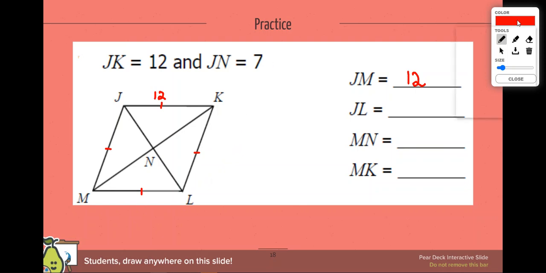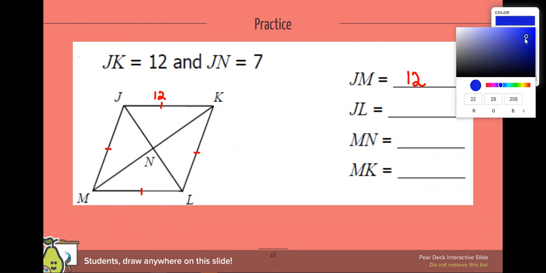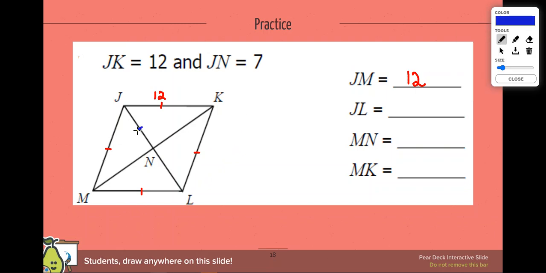Okay, so I'll use a different color for that. JN, which is a portion of our diagonal, is equal to 7. And our diagonals bisect each other, so we know that this portion has to be 7.